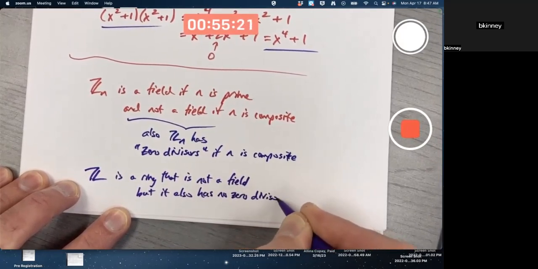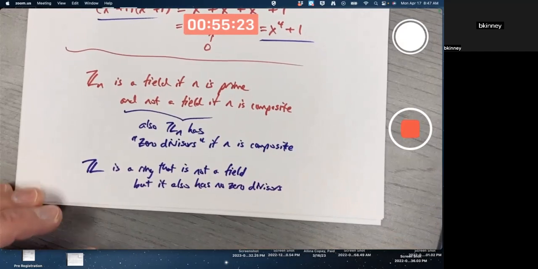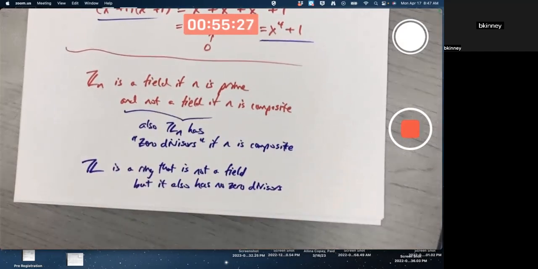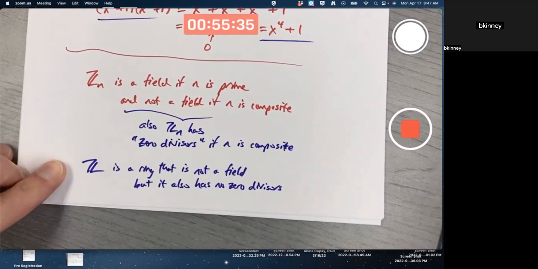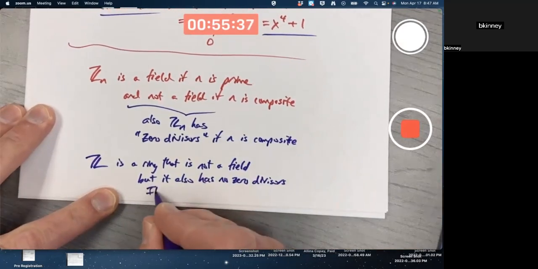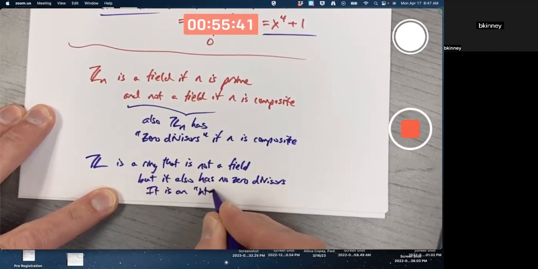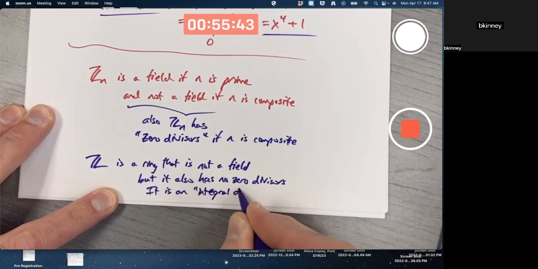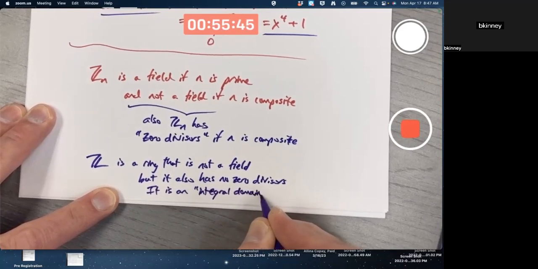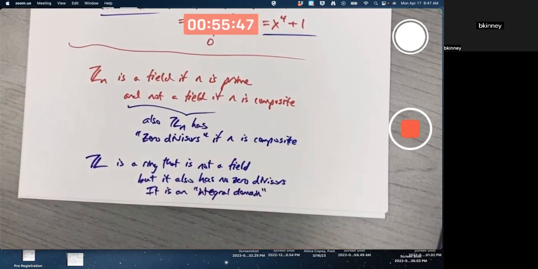So in that sense, it's a fairly nice ring, even though it's not a field. This kind of in-between ring in terms of niceness is called an integral domain. Integral related to the word integer, because this is kind of the prototype. It is a so-called integral domain. Lots of new terminology in this subject. Rings, fields, integral domains, unities, units.